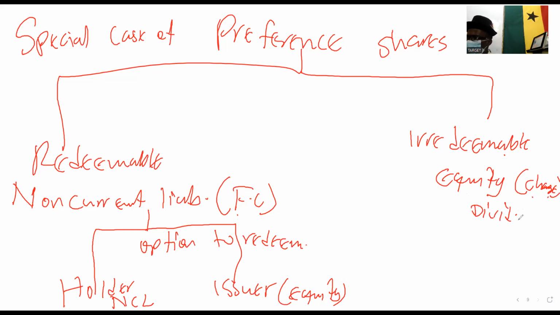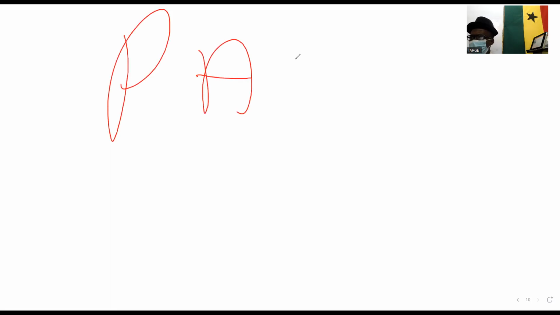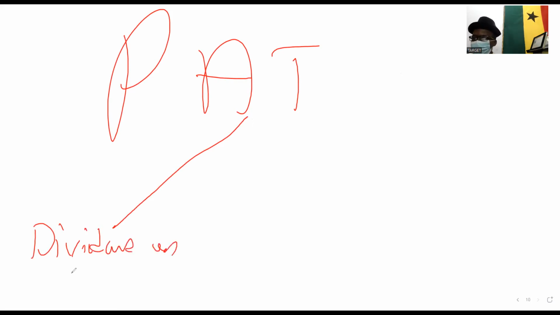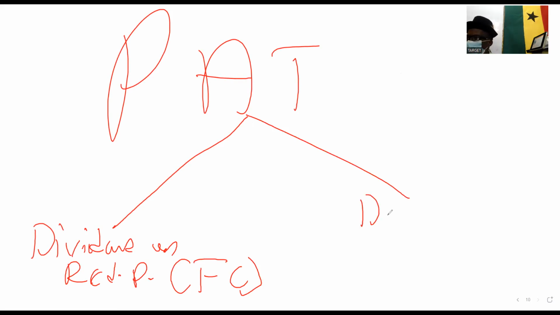Which of them will be subtracted before arriving at the profit after tax? So the profit after tax, two dividends, which of them is yet to be subtracted? That is the dividend on redeemable preferences, which is the same as finance cost, or dividend on irredeemable, which will be in changes in equity.